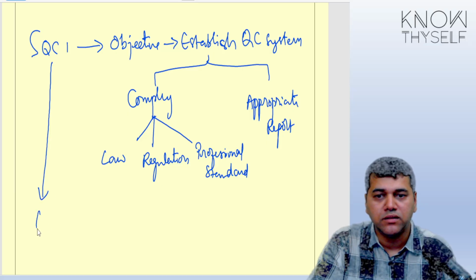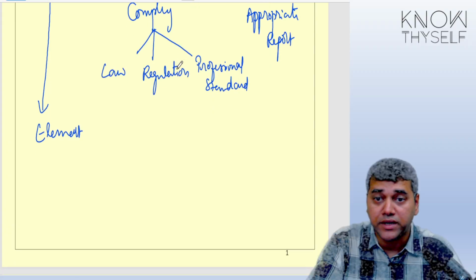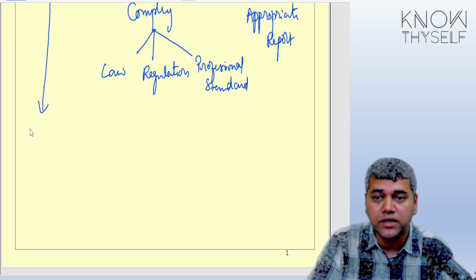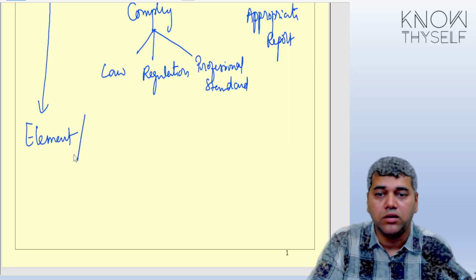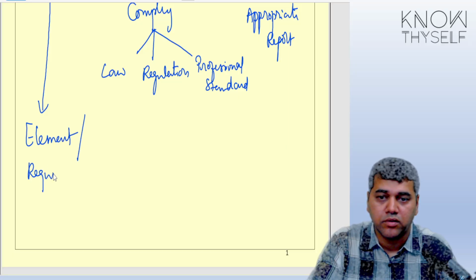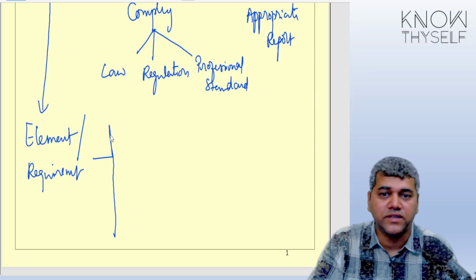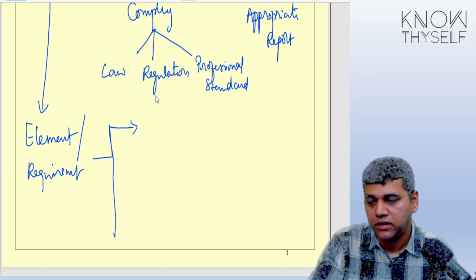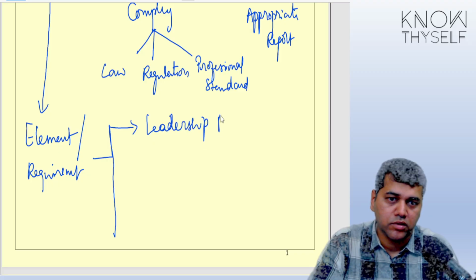What is your element? Or you can also call it a requirement. You can call it an element or requirement. So there are 6 elements or requirements. 1, leadership responsibility.